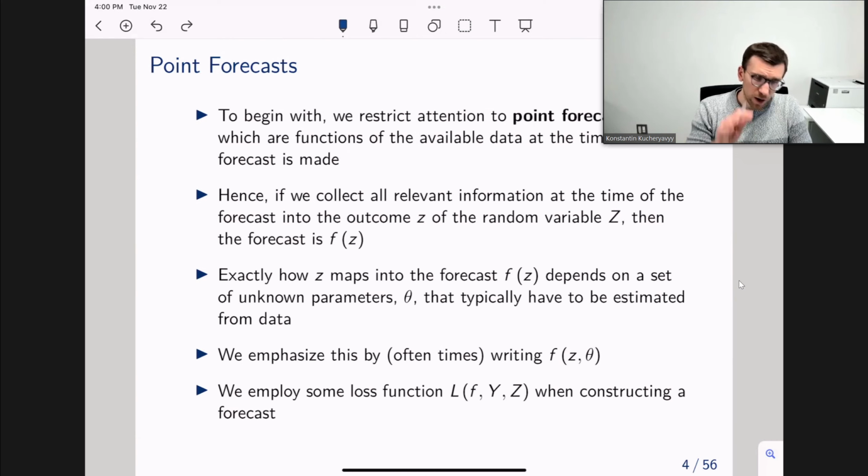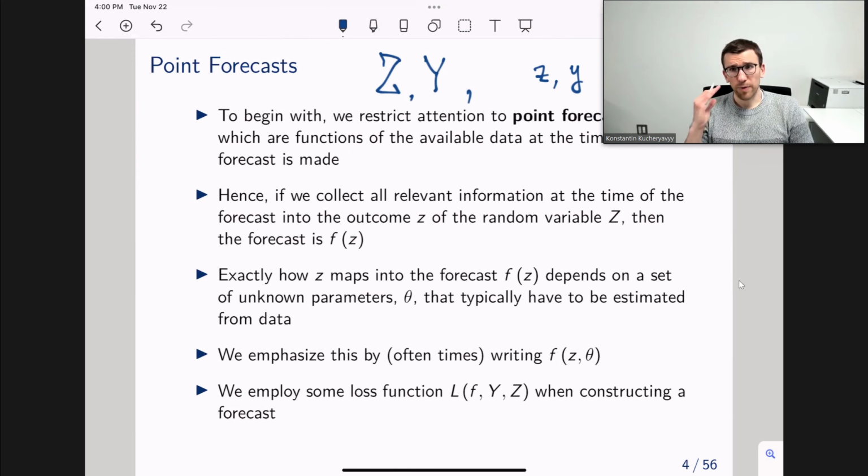Throughout this lecture and everything that follows, we follow the standard convention of using uppercase letters to denote random variables and lowercase letters to denote realizations of the random variables.